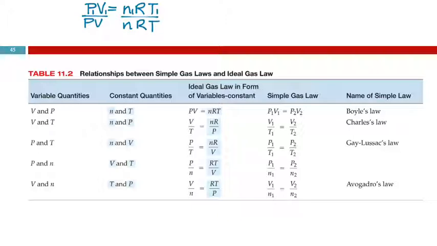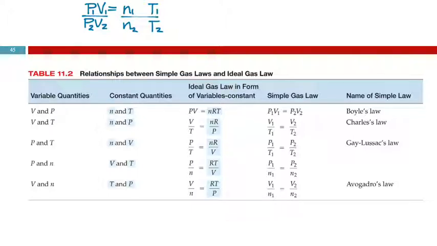I'm not going to give R a subscript because it doesn't change. The ideal gas constant R is always the same. Anything divided by itself cancels out. So goodbye R. Okay, so that's what I have left.